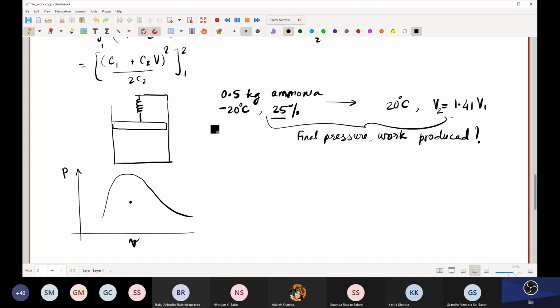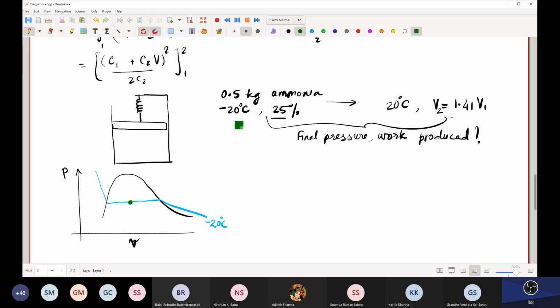And the corresponding isotherm is going to be this line. What is the temperature of this isotherm? Minus 20 degrees. So this is the minus 20 degrees Celsius isotherm. Very good.